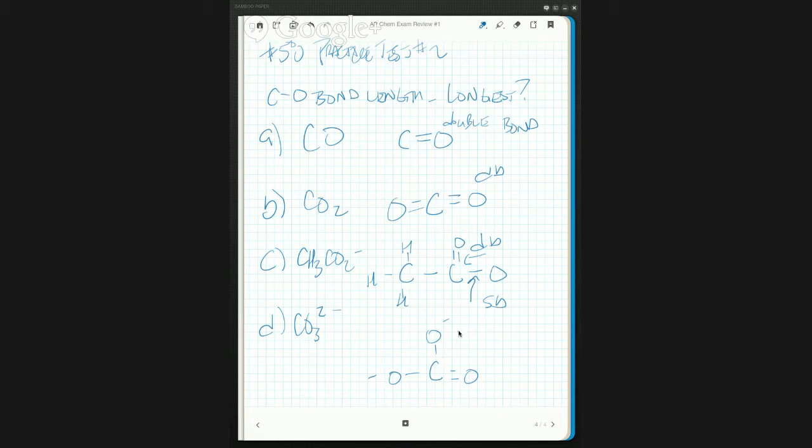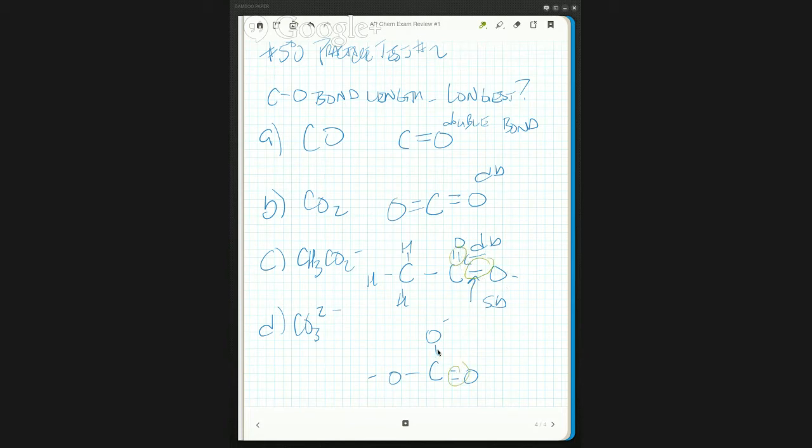So here's my question then. Let's look at C. Is the double bond to this O, or is the double bond, oops. Let's use a different color actually too. Let's use green. So is the single bond here, the single bond here? Where is it? Right here, double bond.